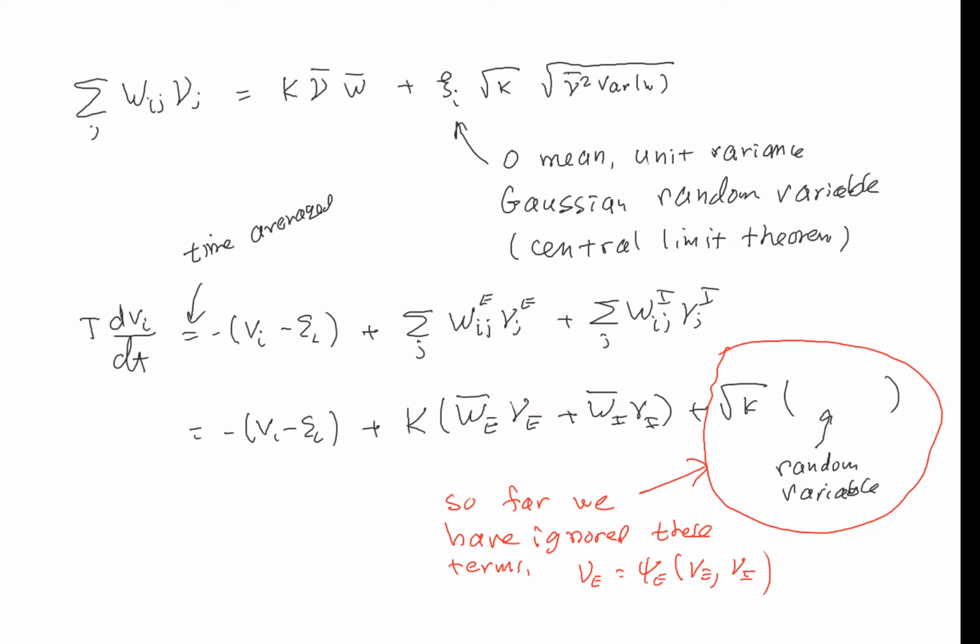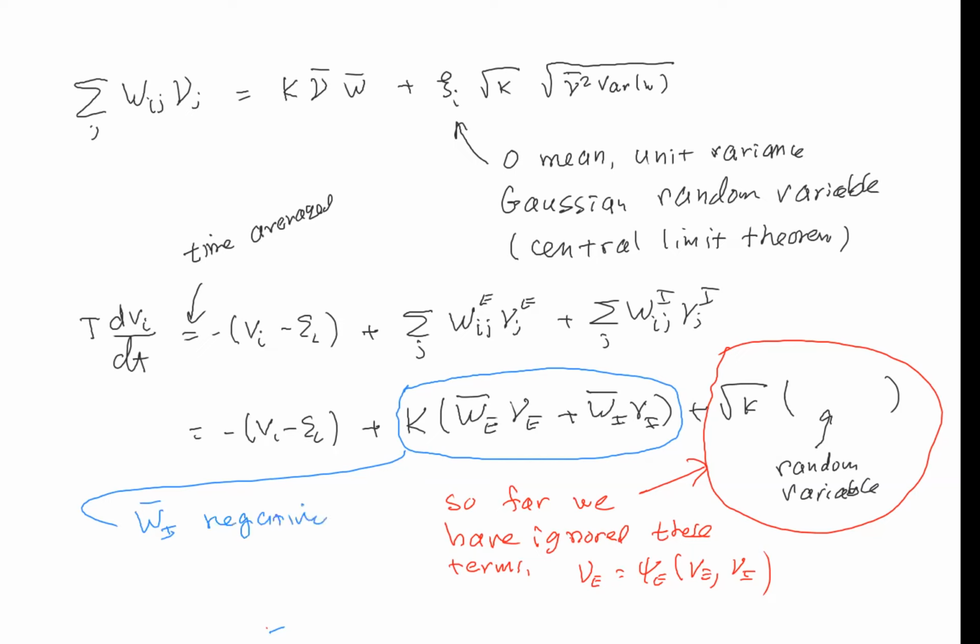There's one wrinkle in all this. If you look at this term, remember wI is negative, and these terms, wE bar nu E plus wI bar nu I, nearly cancel.